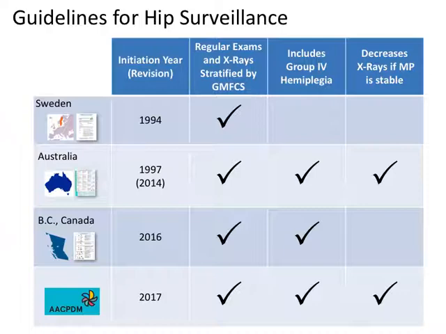So there are 4 major systems and many others that have been locally developed. I just highlighted 4 here of hip surveillance guidelines. And these are guidelines that are really consensus guidelines. And the strongest evidence has come from Sweden and Australia that have, we've been fortunate enough for them to be very systematic as they've rolled out these guidelines to actually collect data and then report it to us.